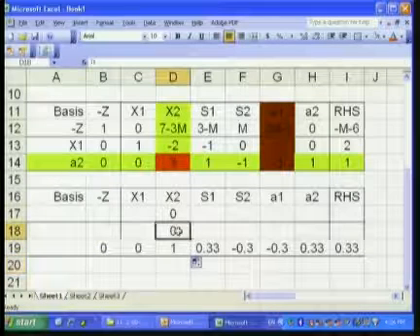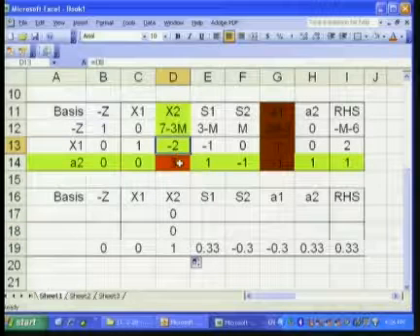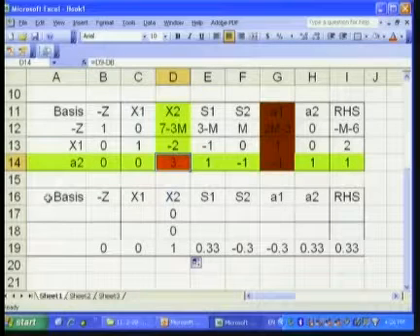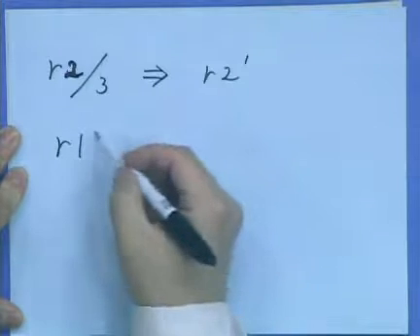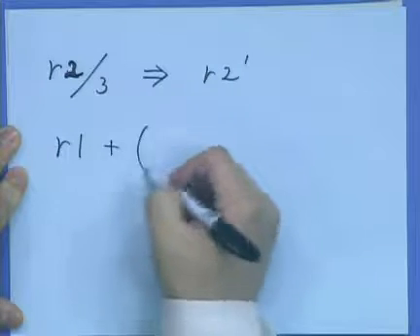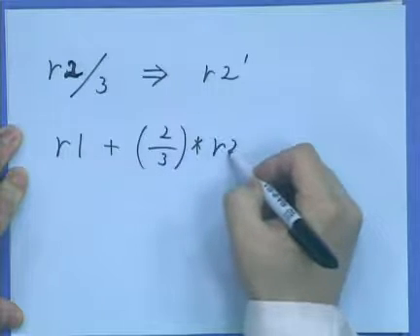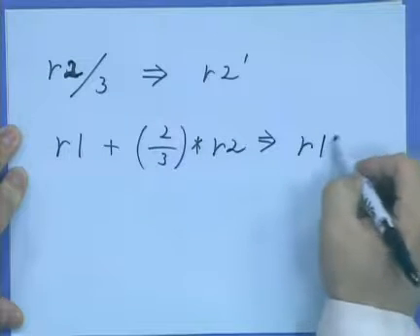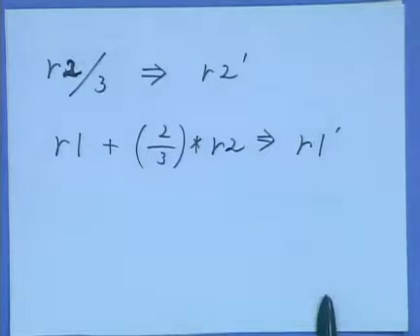Then how do you make 0 down here from negative 2 using the pivot cell? It's going to be the second row plus 2/3 times pivot row becomes new row number 1. Okay? So I'm going to use this formula for the second row.